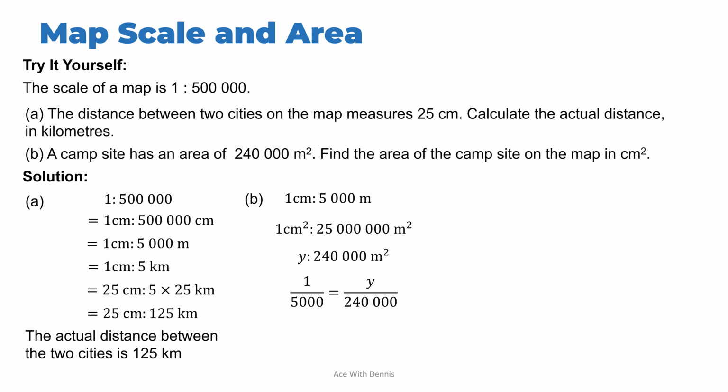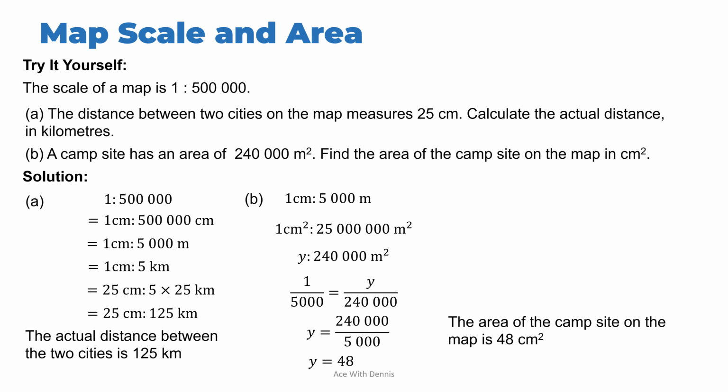So it will be 1 over 25 million is to y over 240,000. So y will be 240,000 over 5,000, which is 48. Hence, the area of the campsite on the map is 48 centimeters square.